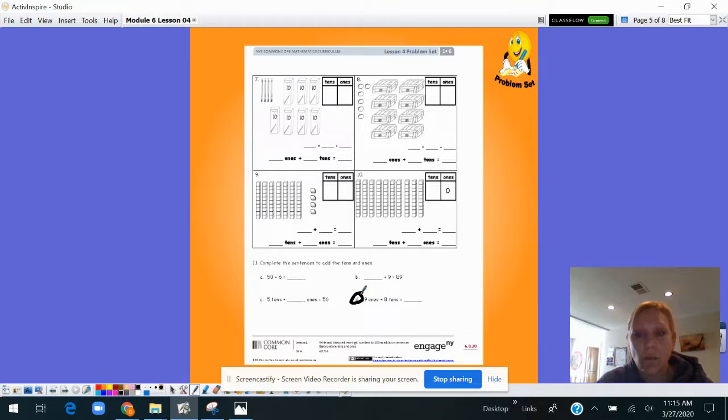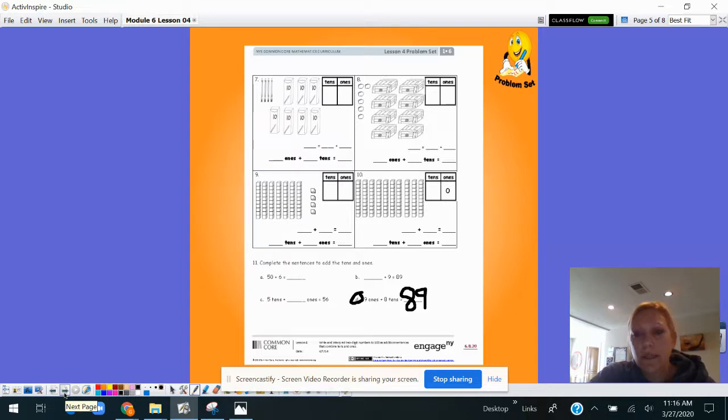Now we know that ones always go into the same place in the number and tens always go to the same place. So 9 ones and 8 tens. Did it trick you? Good. I'm so glad that you got 89 because it has 9 ones and 8 tens.